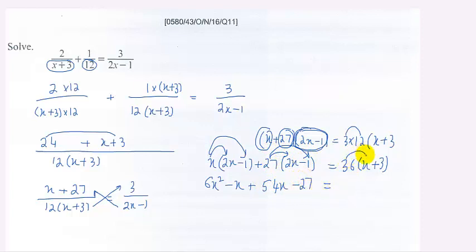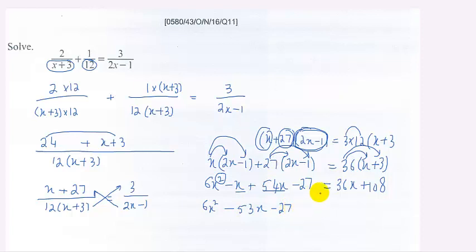And now 36 into x, 36x, and plus 108 when we multiply this with this. Now here we have the highest power x squared. This is a quadratic equation. So in a quadratic equation, let me first do the simplification. It is minus 53x minus 27.